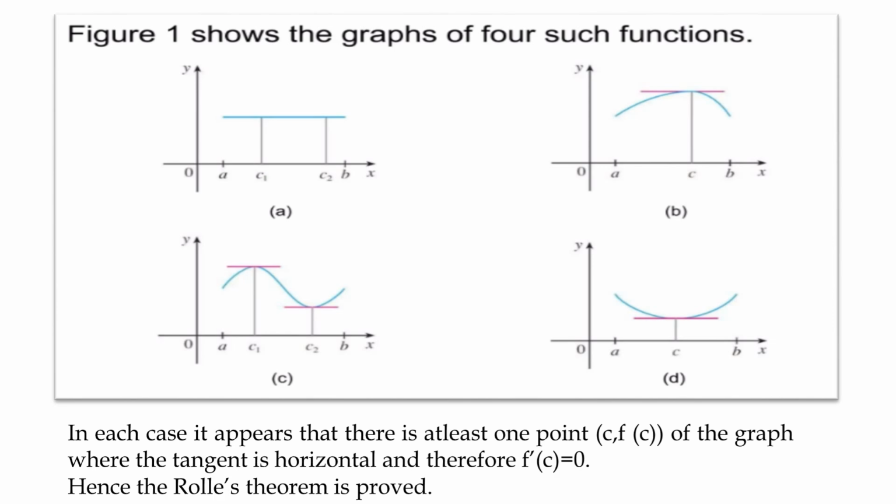Again at another point c2, I have drawn a tangent, and there also the slope is equal to 0, hence Rolle's theorem is justified. Similarly, in case D, the function attains the least value. There also I have drawn the tangent at c in the interval (a, b). Here also f dash of c is equal to 0. So, in both cases, when M is not equal to m and when M is equal to m, Rolle's theorem is justified.